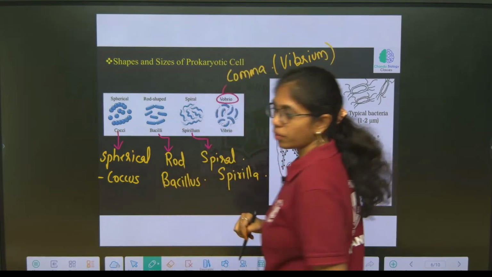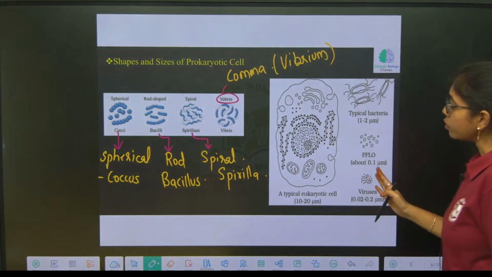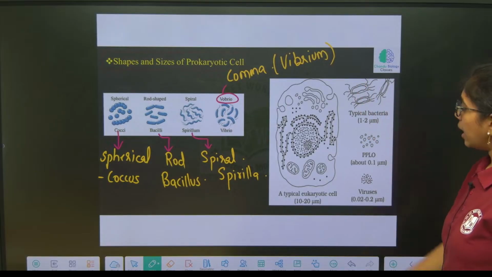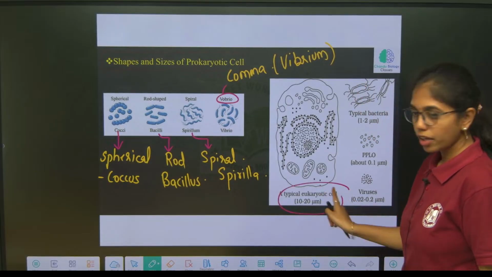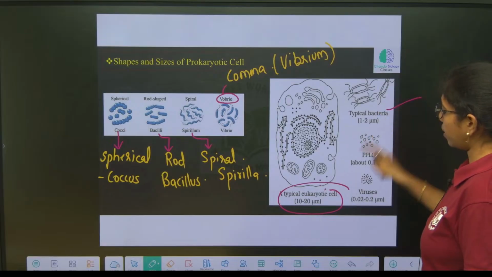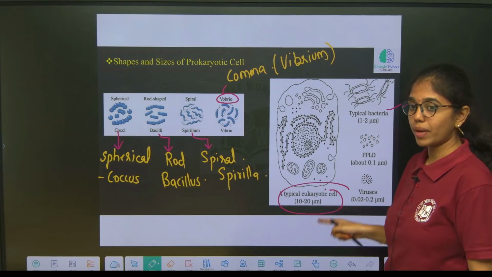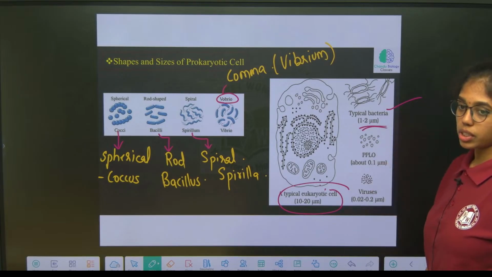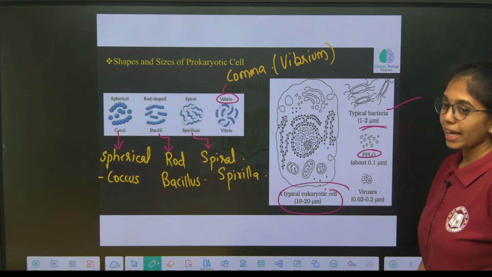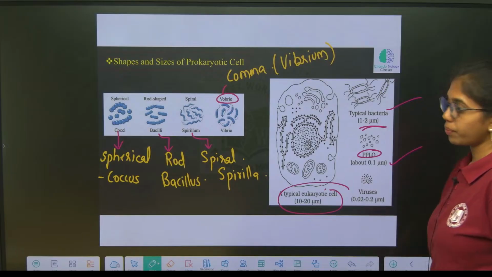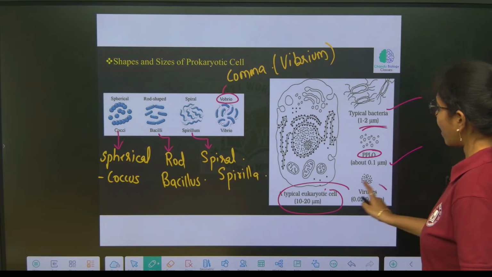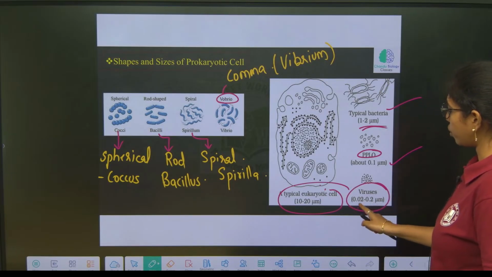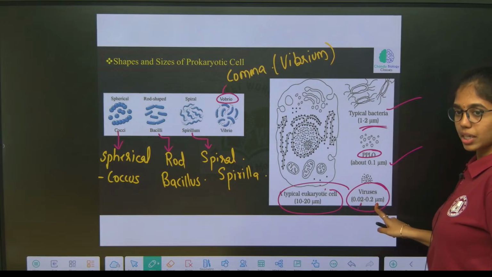Plural is vibrio. Okay. And if you see different sizes of the cell, a typical eukaryotic cell is 10 to 20 micrometers in diameter, and bacteria is 1 to 2 micrometers in diameter. Pleuropneumonia like organisms are 0.1 micrometers in diameter, and viruses are 0.02 to 0.2 micrometers in diameter.